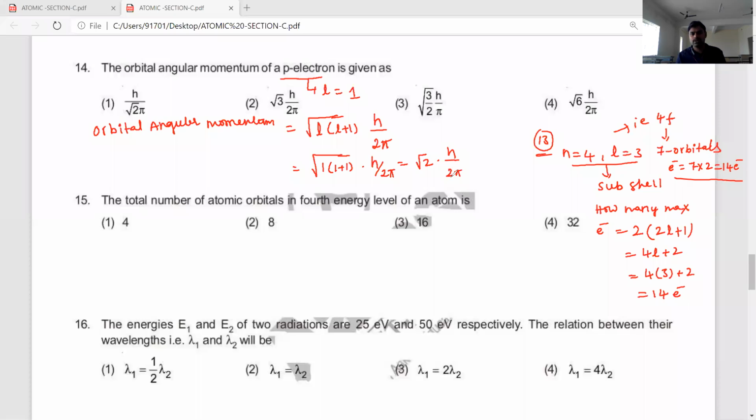We can write 2 as root 2 into root 2, so it is root 2 into h by root 2 into root 2 pi. One root 2 will cancel, so the answer is h by root 2 pi.